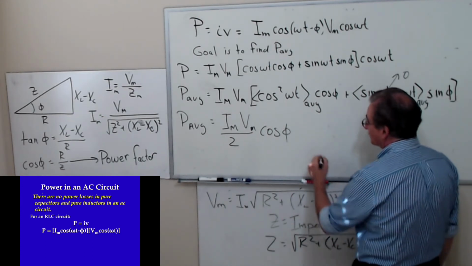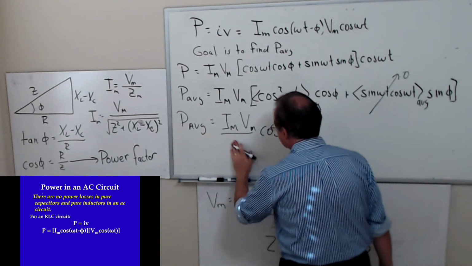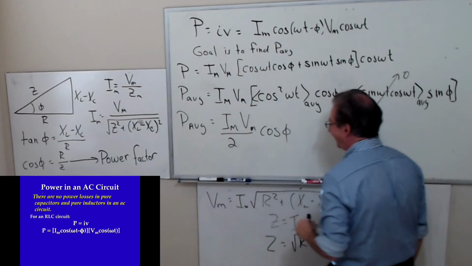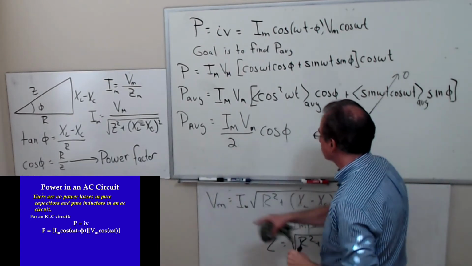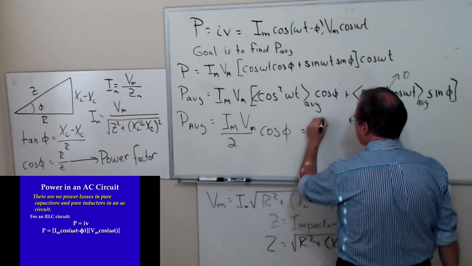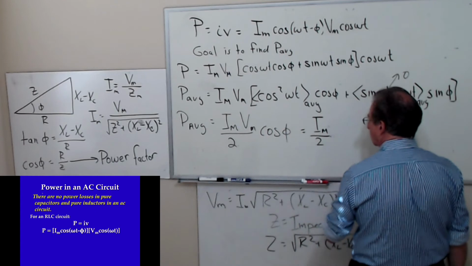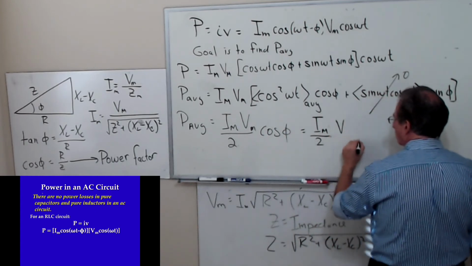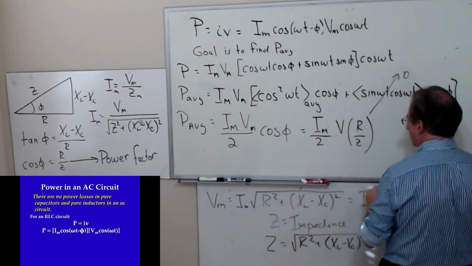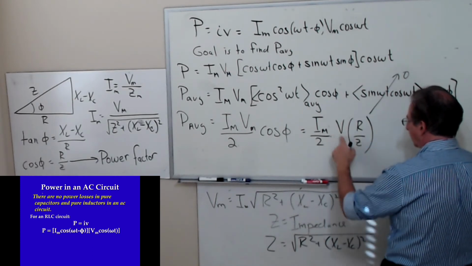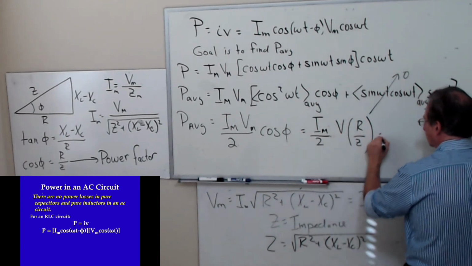And we can rewrite it some more because, by the way, this is a 2, sorry. This is just R over Z. And V is I times Z.